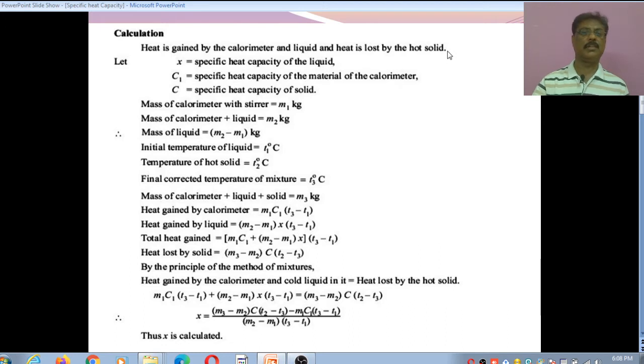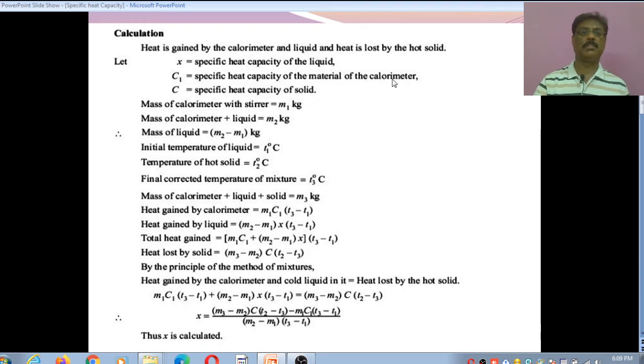So again, who is gaining is the liquid. The calorimeter with the liquid gains the heat, and the hot solid loses the heat. This is happening here. Now we consider the specific heat capacity of the given liquid, let it be X, and C1 be the specific heat capacity of the material of the calorimeter.